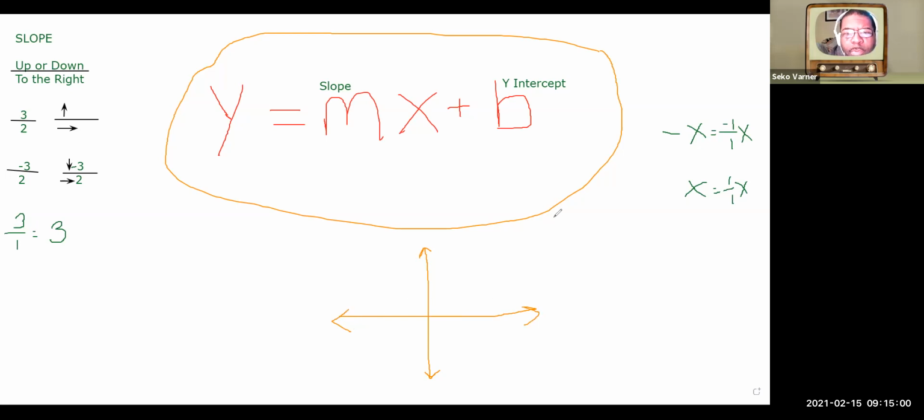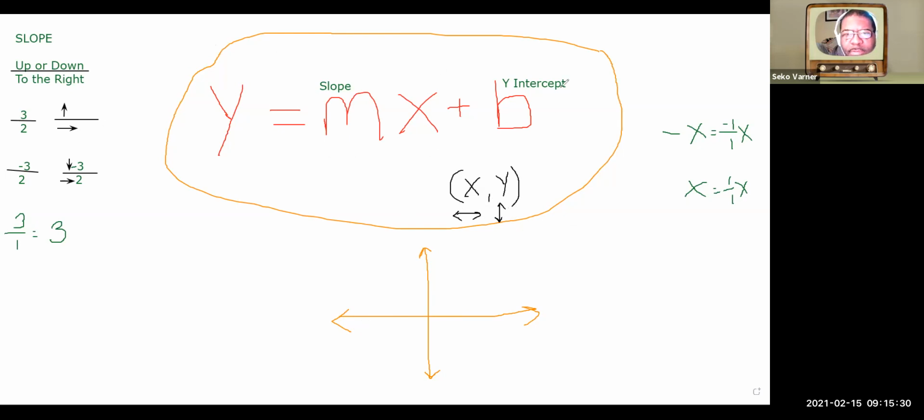And remember, when we're dealing with ordered pairs, we would normally have an x and a y. Remember, the x meant left or right, and the y meant up or down. So all of this still works.